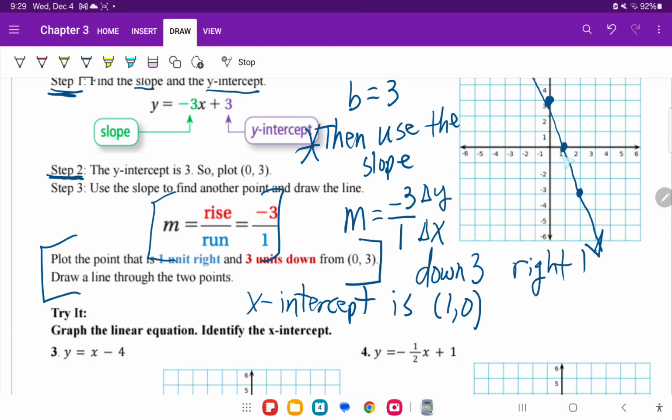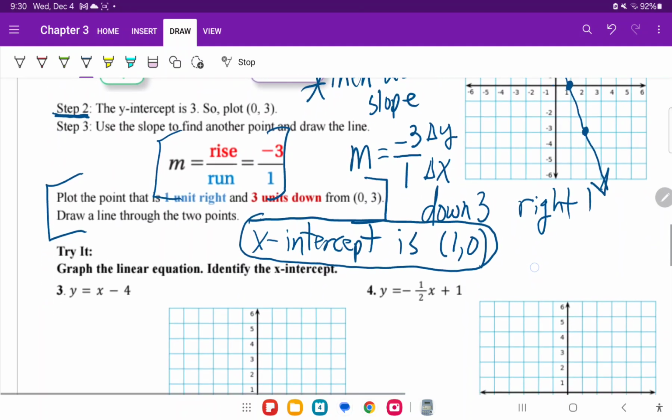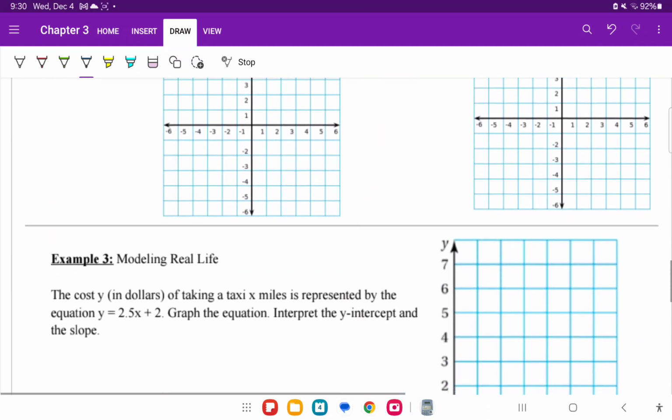What is the name of that point? 1, 0. Okay, so the x-intercept is 1, 0. So we had to graph it and tell what the x-intercept was. Okay. All right, let's do another example here.